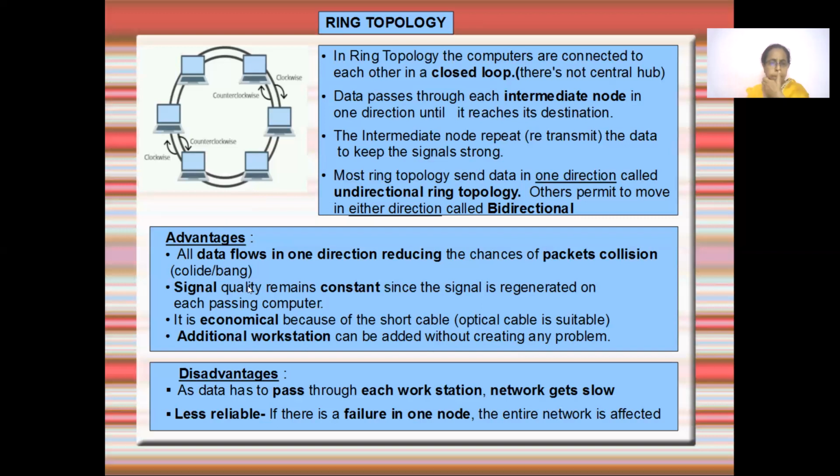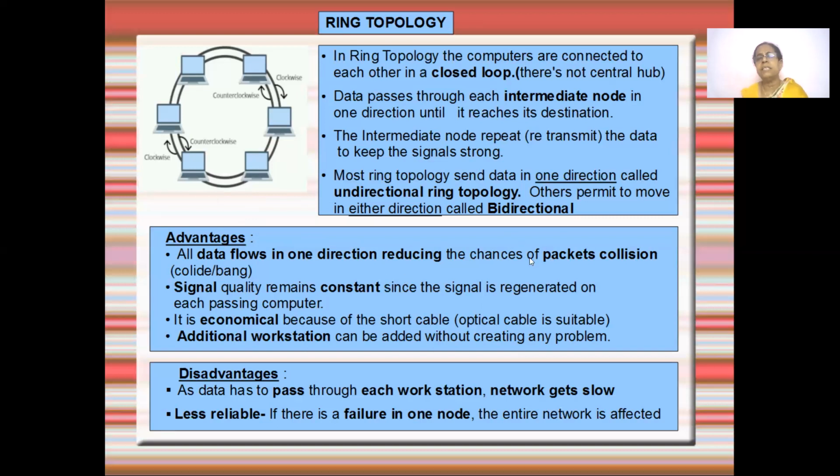The advantages: the data flows in one direction, which reduces the chances of packets colliding. Suppose I'm sending a message from here, and also from this computer; they may collide, and there's a problem because if both of them reach at the same time, the signals get exchanged.